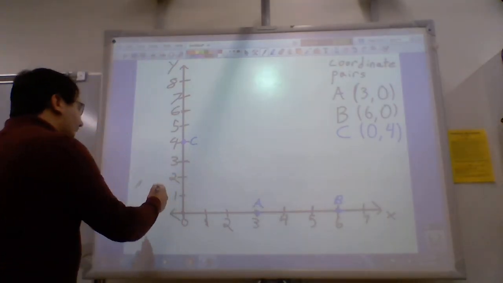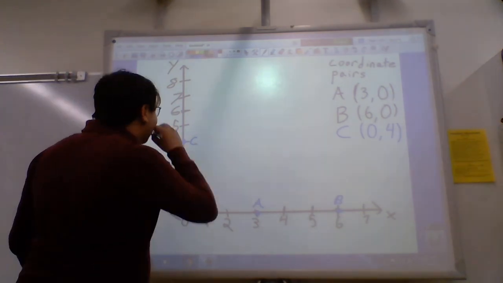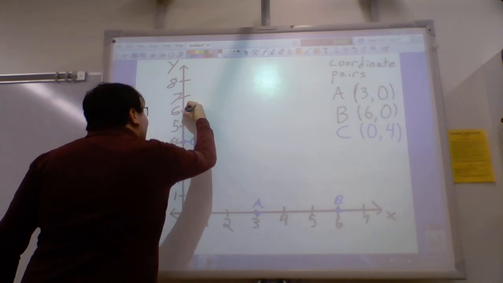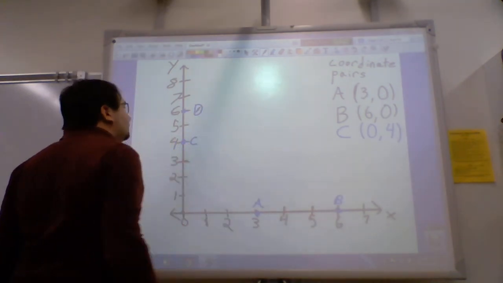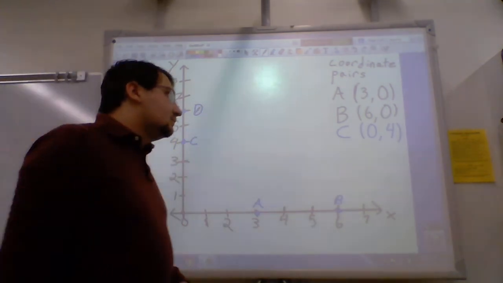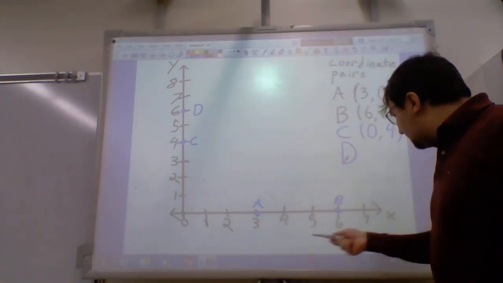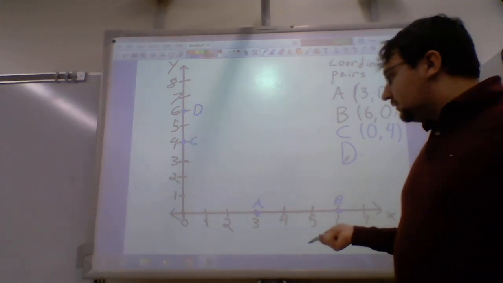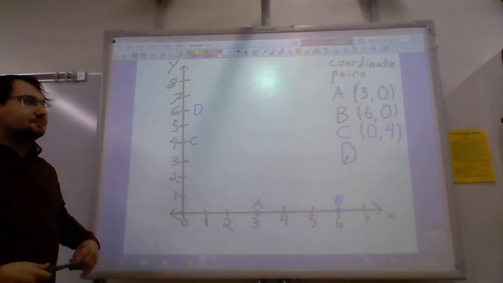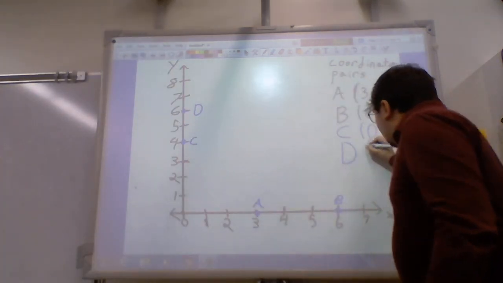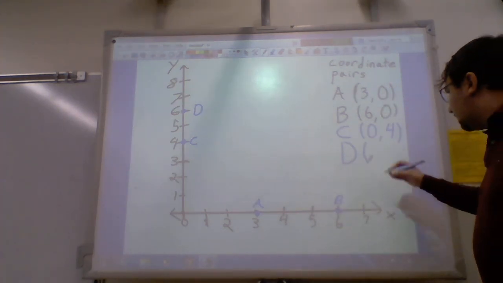Okay, well, let's do another point that's on line Y. Let's go, I don't know, let's go 6. Place it right there. We're going to call this point D. Well, point D, it's going to be just like C. It's not on the line of X. But if we go all the way over to 0 and we go up, we're gonna hit D. So I guess the coordinate of point D on line X is gonna be 6.